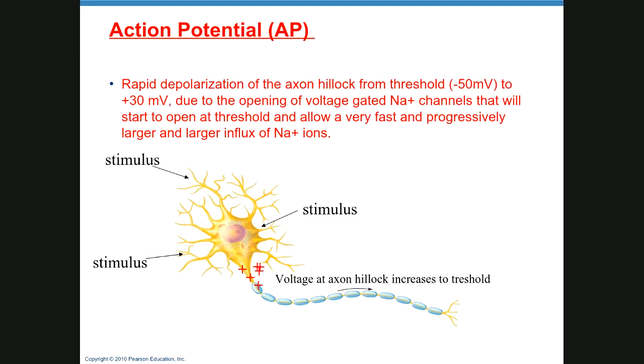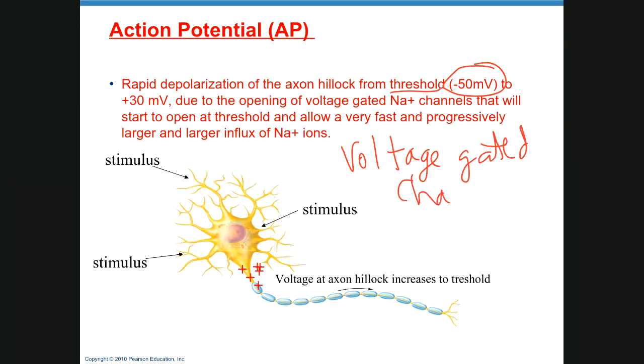When the potential reaches minus 50 or minus 55 millivolts, that's the value that we call the threshold. At that value, voltage-gated channels open. Sodium voltage-gated channels open very quickly, and a flood of sodium all of a sudden enters that area of the neuron. Keep in mind, the positive charges that arrive there arrive by the graded potential.